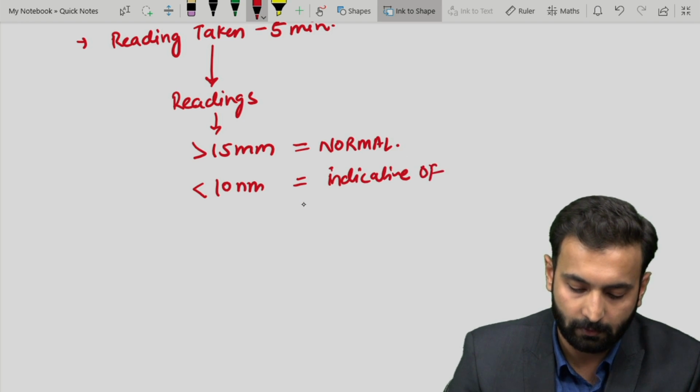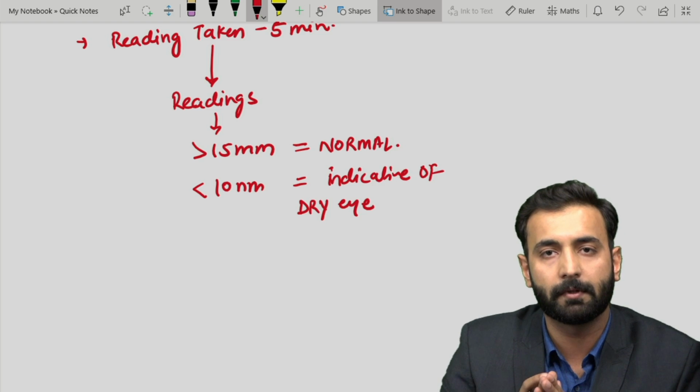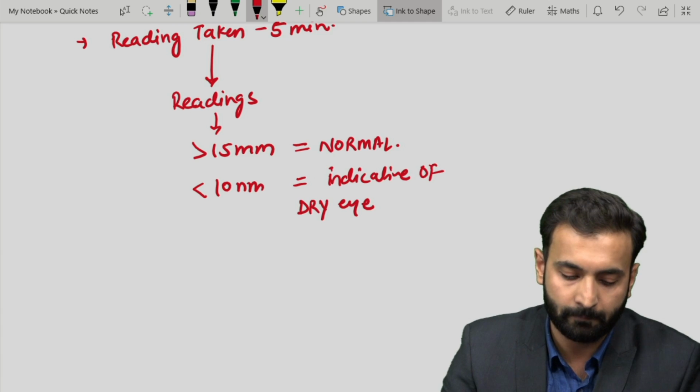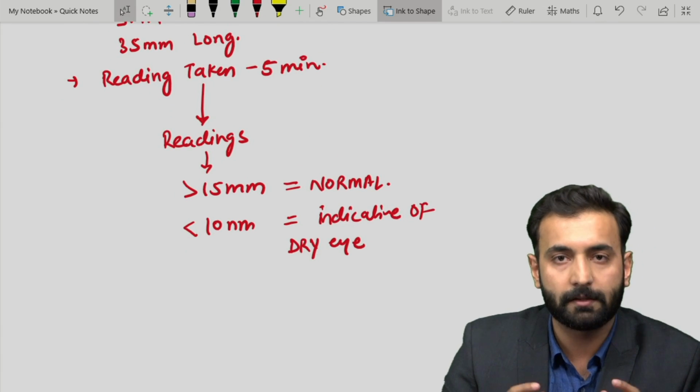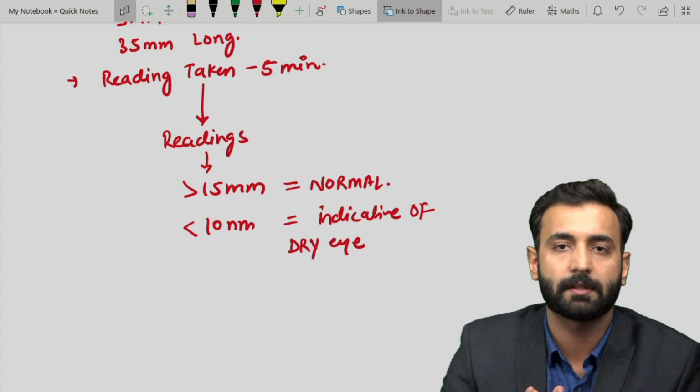If the amount of wetting recorded on Whatman's filter paper is less than 10 millimeters, it is indicative of dry eye, right? So what you measure on this Schirmer strip, you check the aqueous tear production.